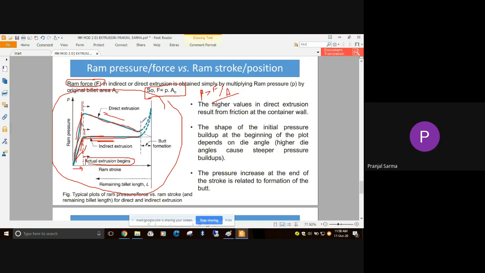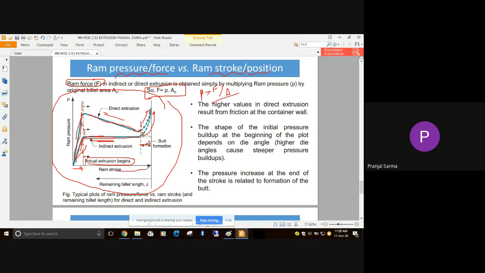And at the end of the process, towards the back formation, as we have seen, something will remain at the end. Some portion will remain which cannot be extruded. So at the end, once again with the dotted line, when the back formation is happening, the pressure will rise again. So that is the variation of the ram pressure or ram force with ram stroke.